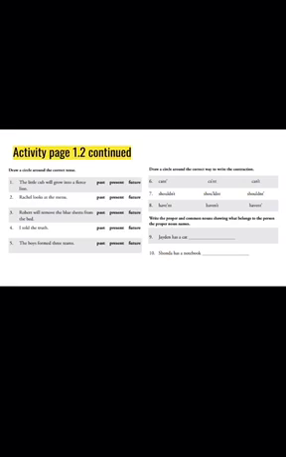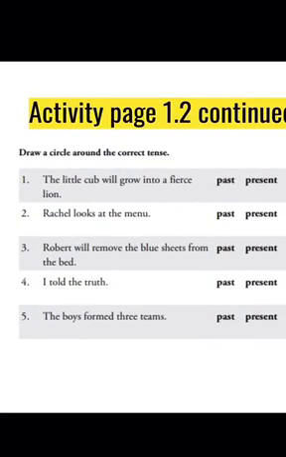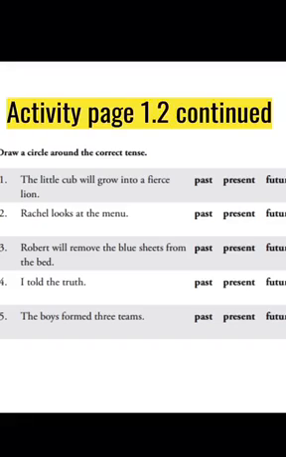And let's go back to our worksheet. Before we get into the apostrophes part, you're going to draw a circle around the correct tense. This is review as well. Number 1, the little cub will grow into a fierce lion. Are they talking about something in the past, the present, or the future?